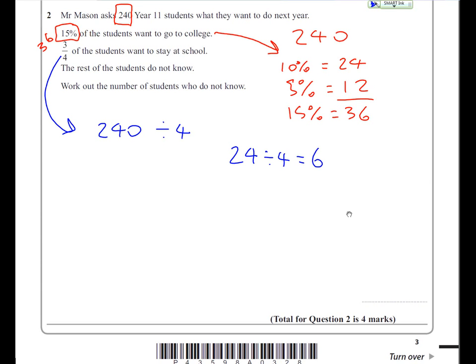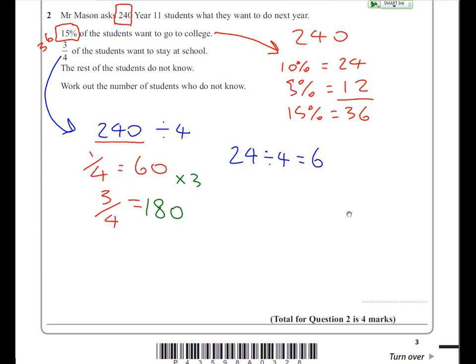If you don't know that, learn your times tables and do the opposite. Now because it's 240, our answer is 60 here, so that's 1/4. We want 3/4, so you times that by 3. So 60 times by 3, well 6 times by 3 is 18. But we've got the extra 0, remember.